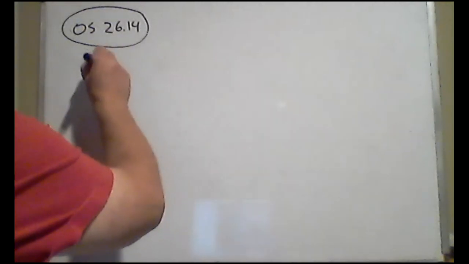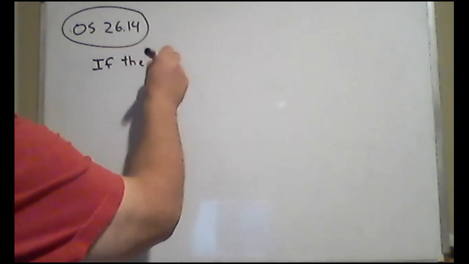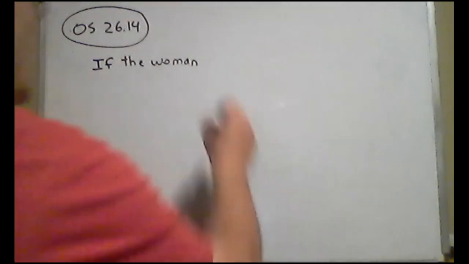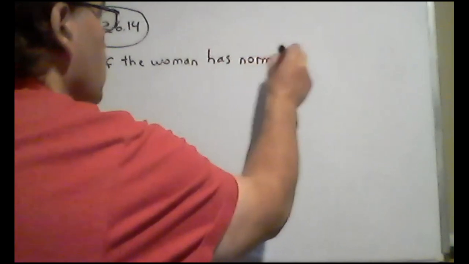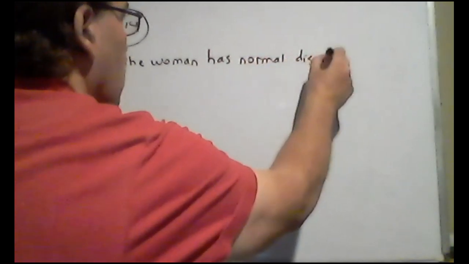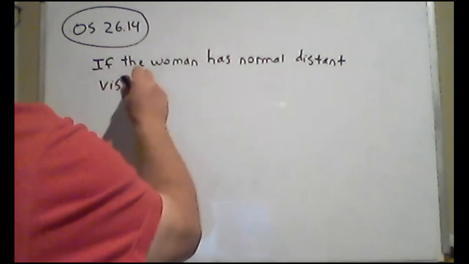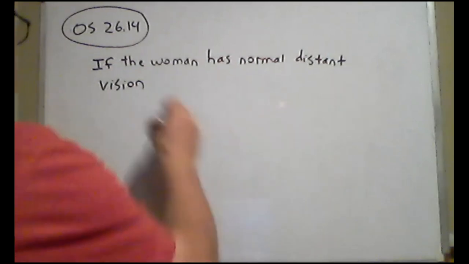if the woman has normal distant vision, okay, then her far point is infinity.